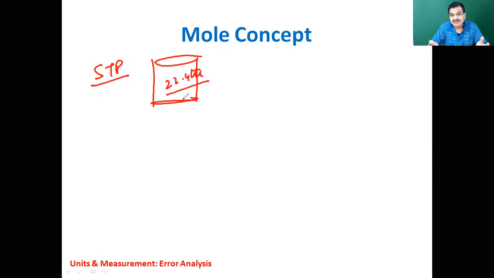If you take a 22.4 liter bucket and fill it with, let's say, hydrogen gas at STP, it will make 1 mole of substance in that volume. इसको दोबारा समझ लो.